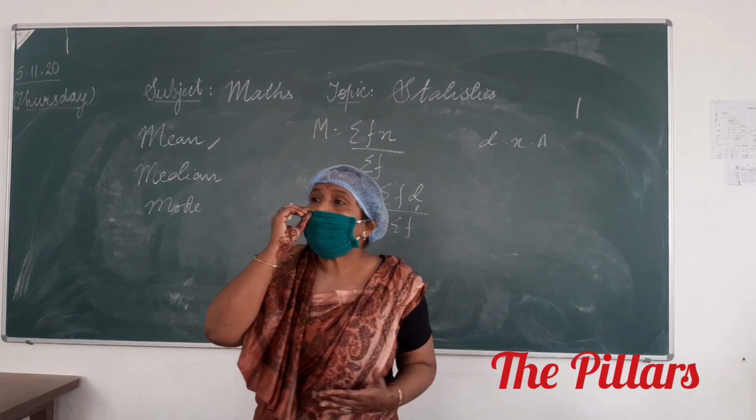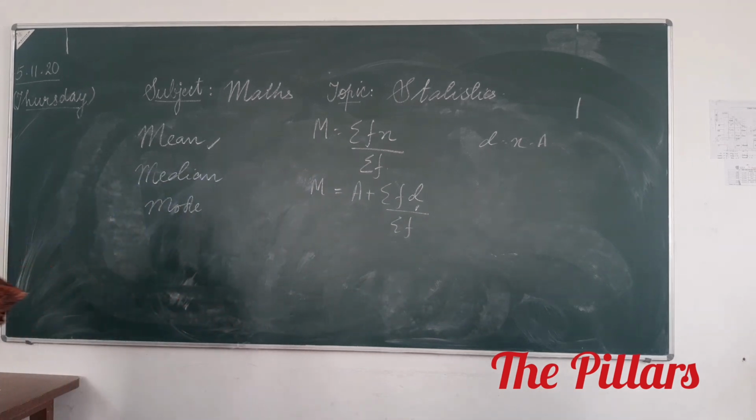What is inclusive? Where the upper limit is included but not repeated. And how do you convert inclusive into exclusive? By subtracting 0.5 and adding 0.5. What is the 0.5 called? Adjustment.